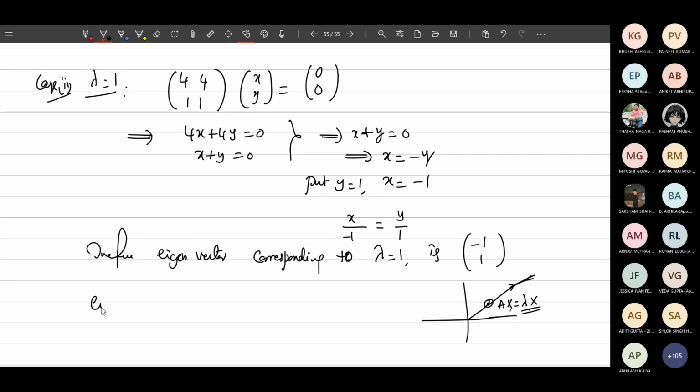Therefore, eigenvalues are 6 comma 1, and the eigenvectors correspondingly, the first one is 4 comma 1, and the second one is minus 1 comma 1.